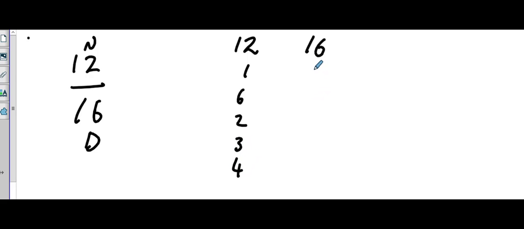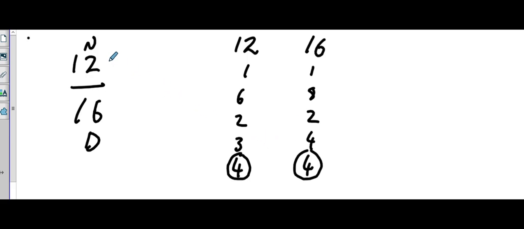Then for 16: 16 and 1, 8 and 2, and 4 and 4. I looked at my two lists and put a ring around my highest common factor. The highest common factor for 12 and 16 was 4.